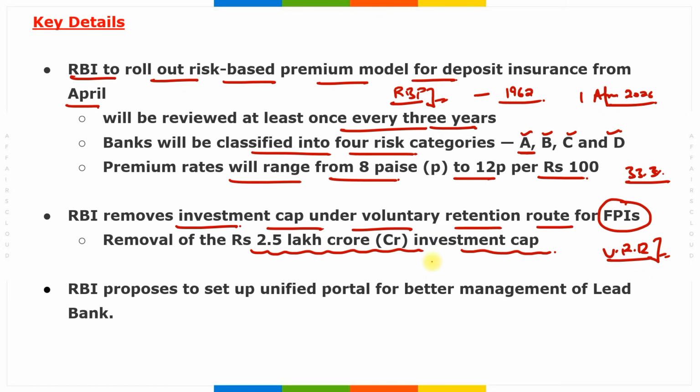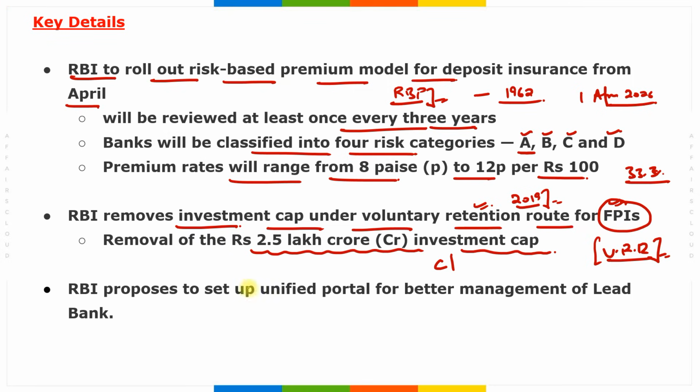Under the revised framework, this investment will follow existing ceilings, giving foreign investors more flexibility in the Indian debt market. And remember, this VRR, voluntary retention route, was introduced by the RBI in 2019 to provide an additional channel for investment by foreign portfolio investors with long-term investment interest in the Indian debt market.